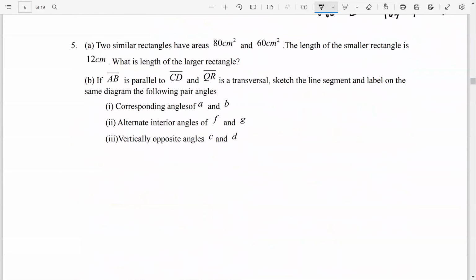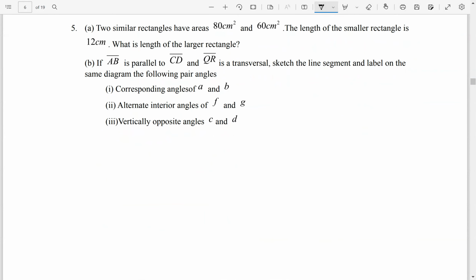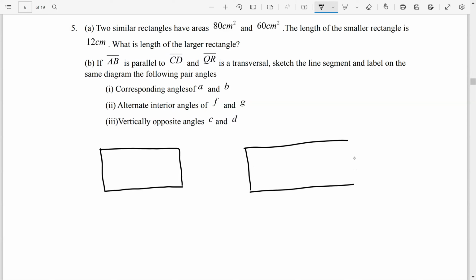We continue with question number 5. Two similar rectangles have areas 80 centimeters squared and 60 centimeters squared. So we have two rectangles, the first rectangle and the second rectangle.